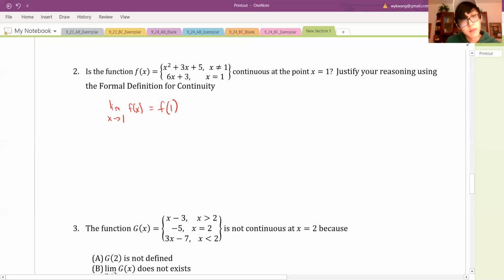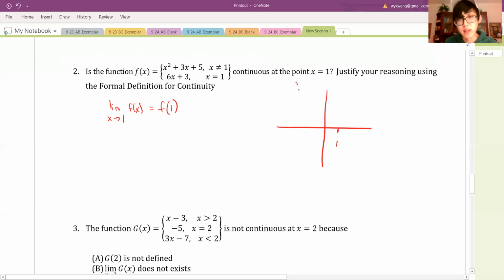Well, in case you're having trouble visualizing this, everywhere besides x equals 1, the function is defined by this parabola.